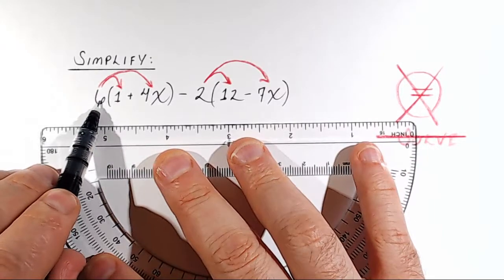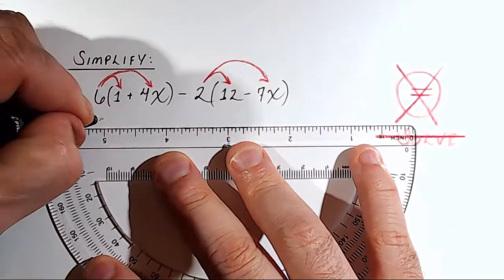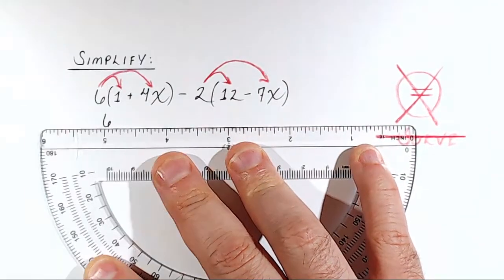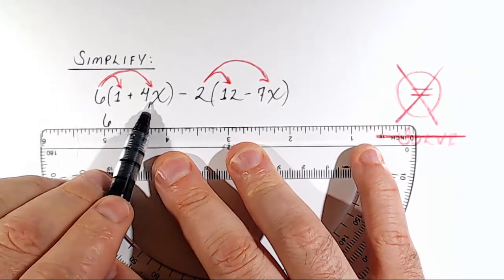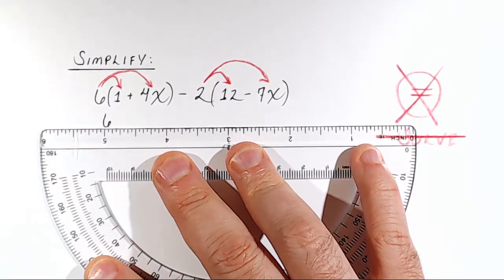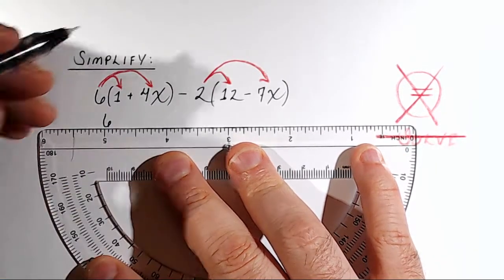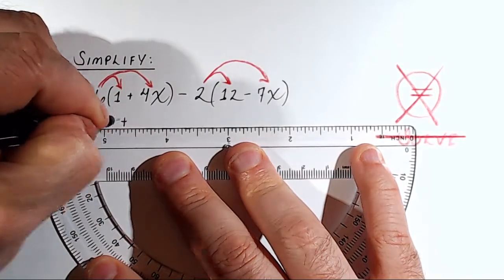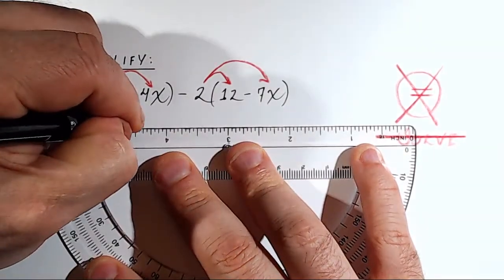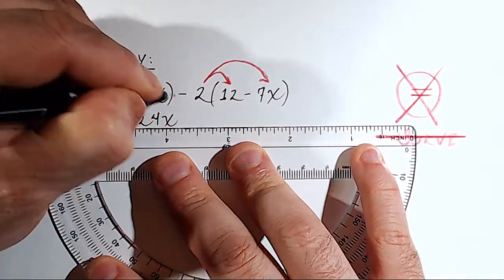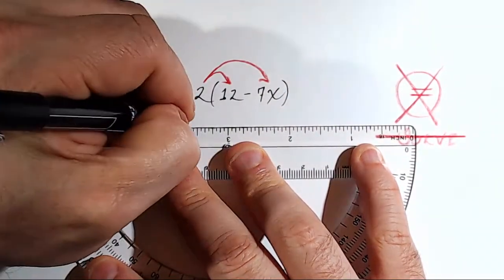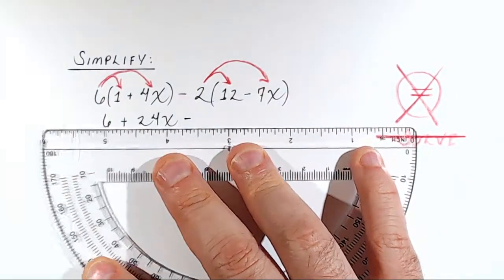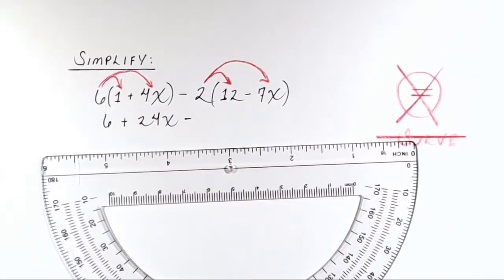Let's see what we got. So here I'll multiply 6 times 1, easy enough, that's just 6. And then I multiply 6 times 4x, and that is 24x. So plus 24x minus. Okay, now here this is very important, all right?